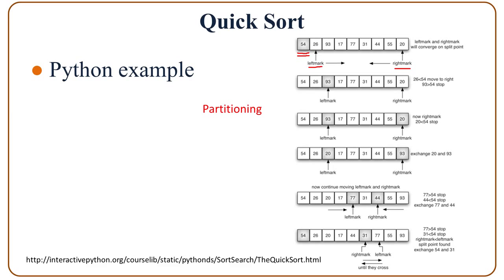So we keep moving the left mark to the right as long as the element is still less than the pivot, and the left mark hasn't crossed the right mark.